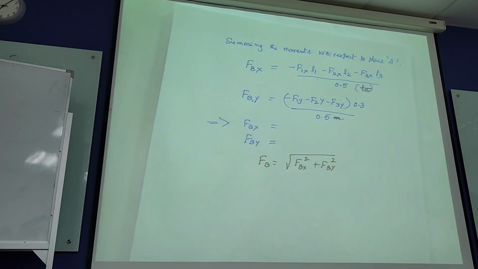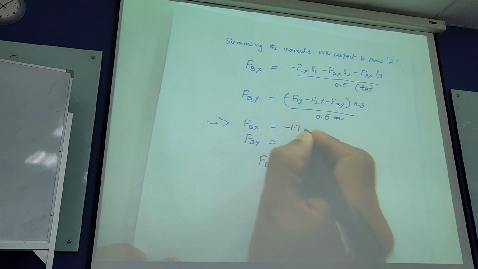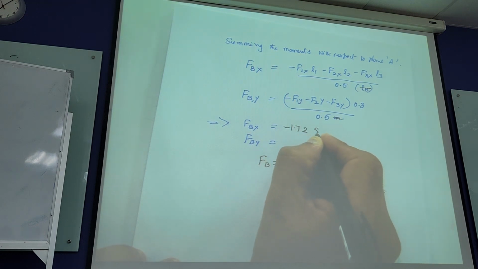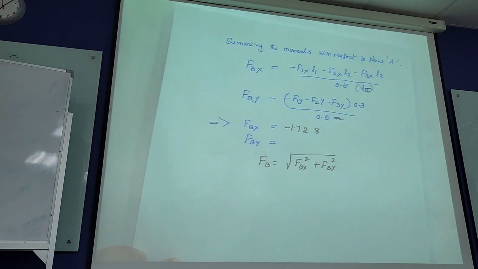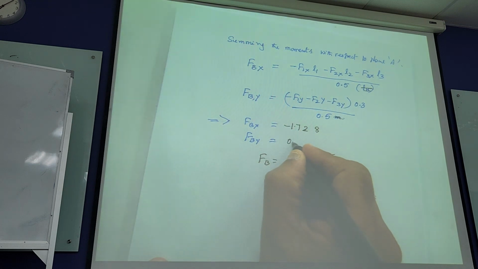What is LBS? Negative 1.17. So my answer is 1.728. FB1? FB1 is 0.42.